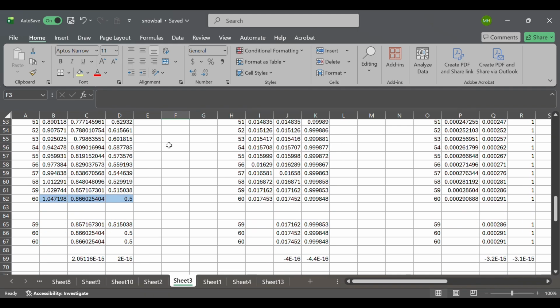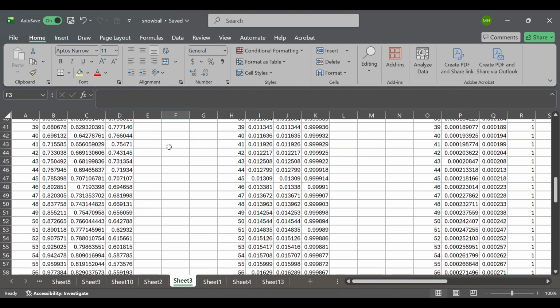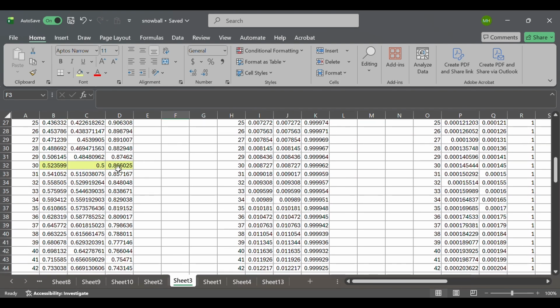So what's the formula? Okay. For 30, we're going to use the formula square root of 0.5 times 1 plus cosine 60.